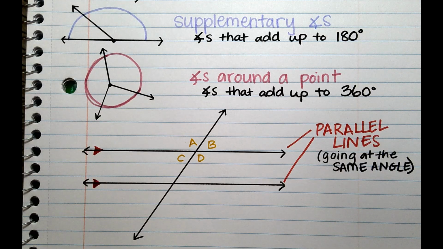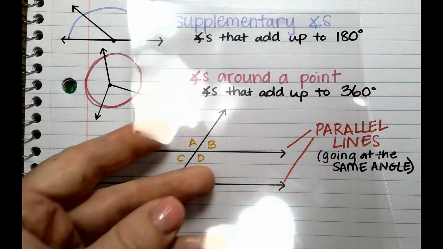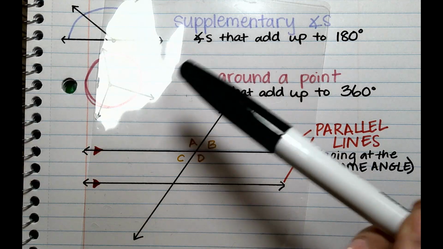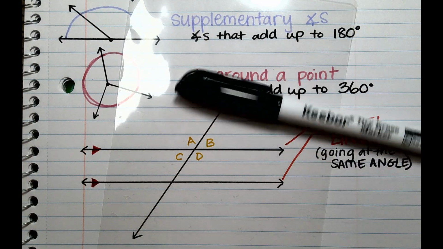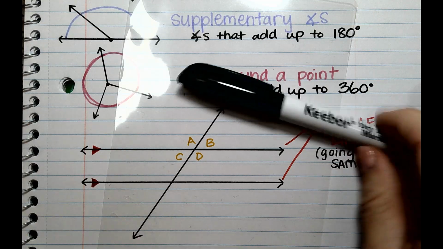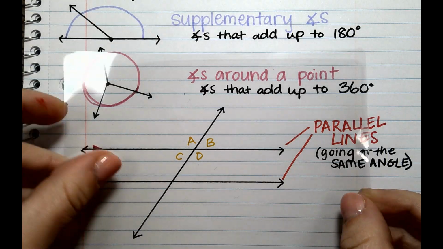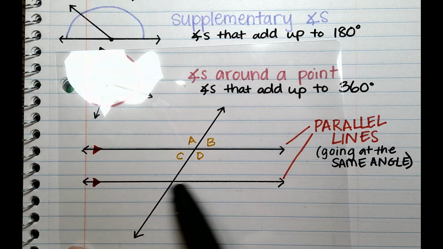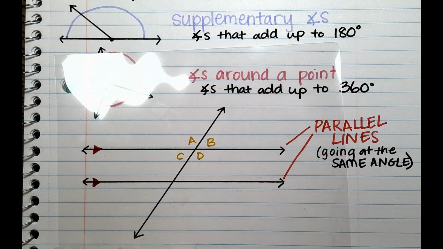Pause. So everybody should have a lamination sheet, which is tough to see on camera unless it's reflecting, and a dry erase marker. So here's what I'm going to do. I'm going to take this lamination paper and put it over the top of my parallel lines.